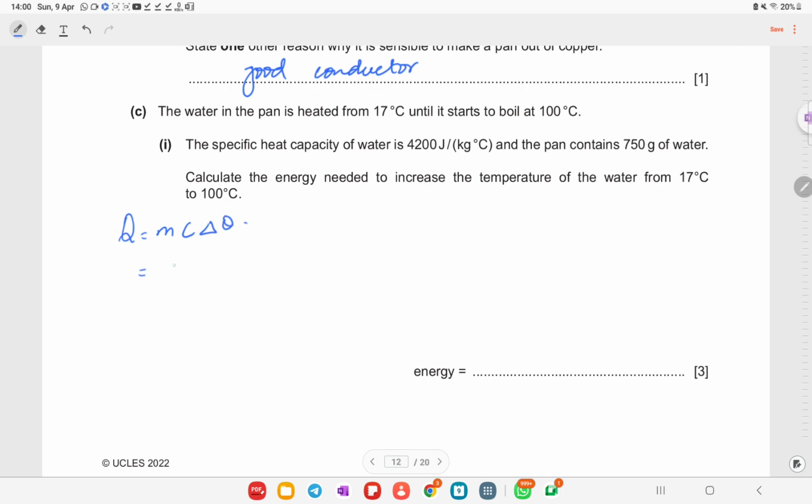To find the energy, the mass is going to be 750 divided by 1000, converting it into kilograms, times the specific heat capacity of water, times the change in temperature, so you will end up with 261450, which is equivalent to 2.6 times 10 to the power 5 joules.